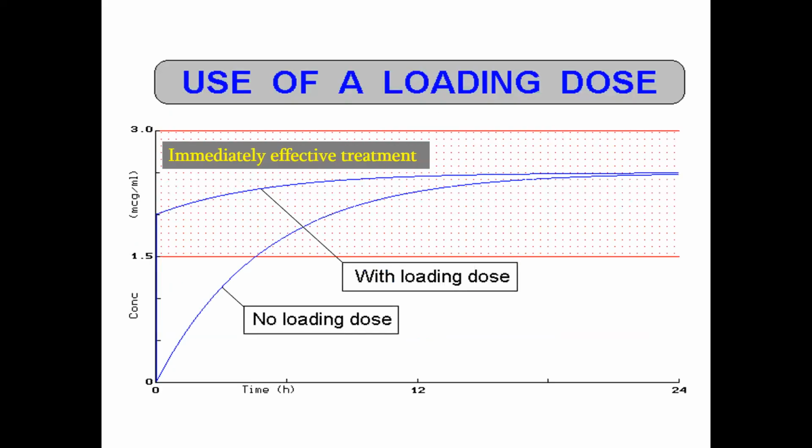If you go with a routine maintenance dose, it may take several days to reach the range we require for a beneficial response. In situations where the effect is rapidly required, they go for the higher dose.